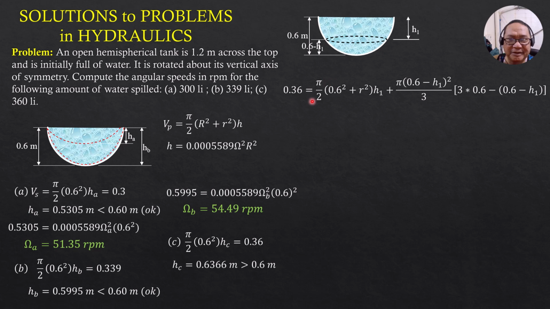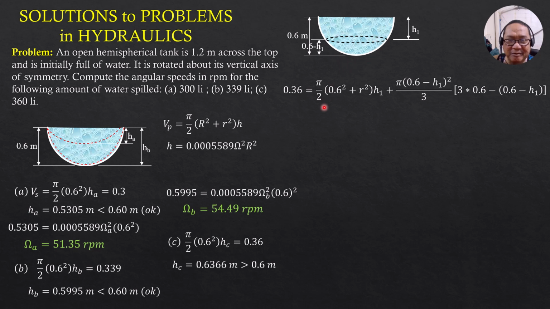Therefore the volume of 0.36 is not equated to the volume of the paraboloid of revolution, but rather it is equated to the volume of the paraboloid of revolution with two bases plus the volume of this spherical segment. So for the paraboloid of revolution with two bases, the figure will be presented later.